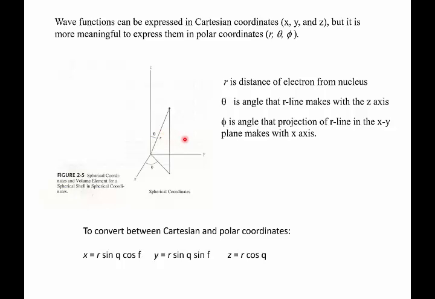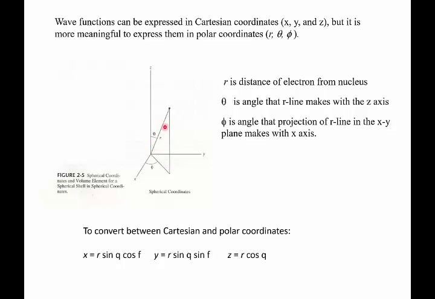Now, customarily, we always write the three coordinate axes with the z-axis vertical, and the x and y horizontal. The third coordinate, phi, is the angle that a projection of the R line in the xy plane makes with the x-axis.